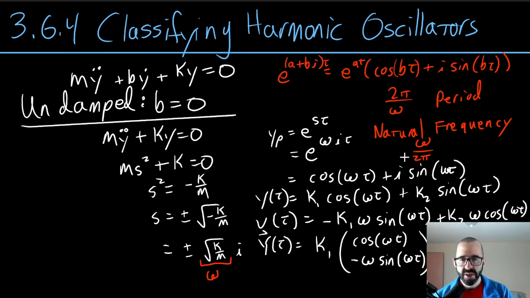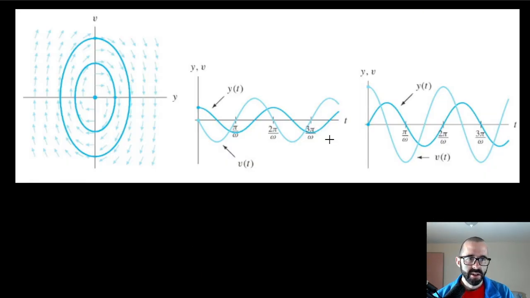We could plot this by hand, but to save some time, let's just look at what we have right here. So here's our phase portrait in the yv plane. We see these ellipses depending on where the initial condition is. If our initial condition starts here, we're on this ellipse.